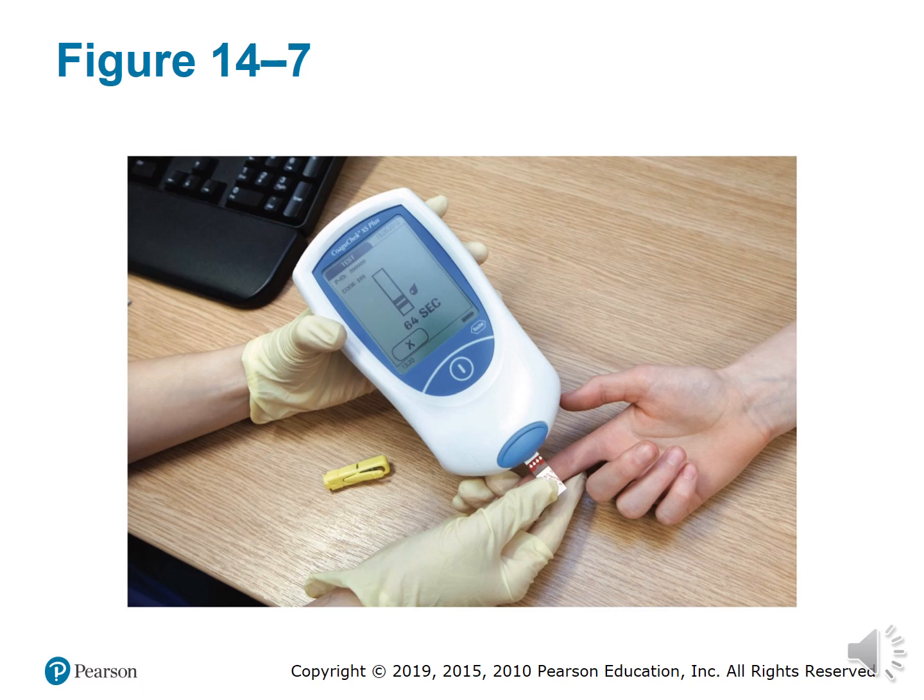The first one you see, which is on figure 14.7, is the CoaguChek XS Plus system. As you see, it kind of looks like a bigger form of the glucose meter. It has a test strip and they collect a blood sample from a finger stick.